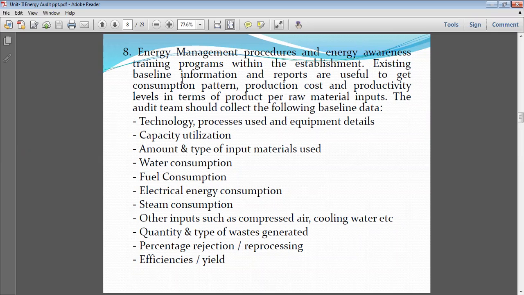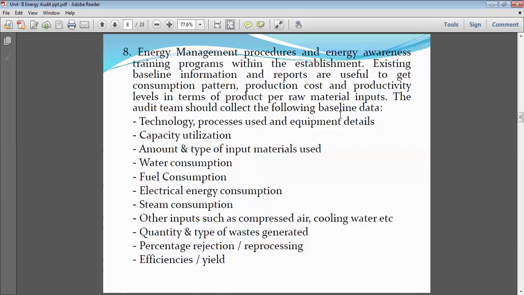Existing baseline information and reports are useful to get the consumption pattern, production cost, and productivity level in terms of production per raw material input. If you collect all this data, we come to know the input of the factory, the total energy consumption, and the specific energy consumption, meaning total energy consumption divided by the number of products.